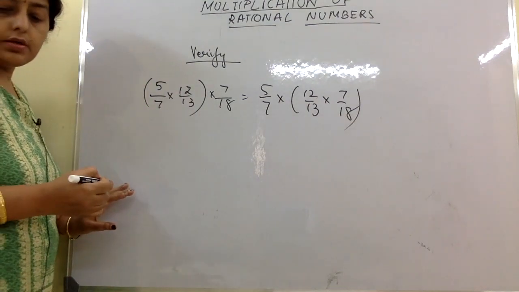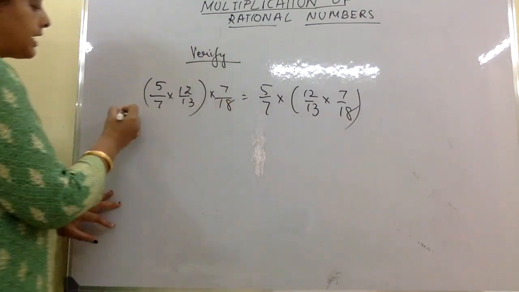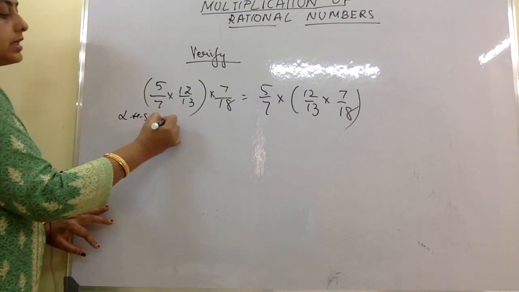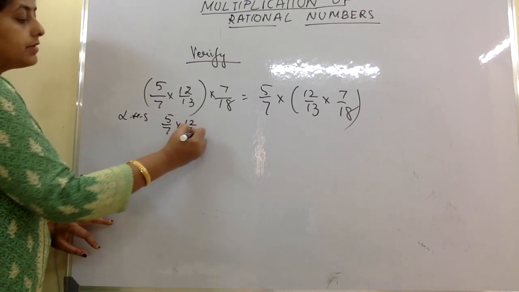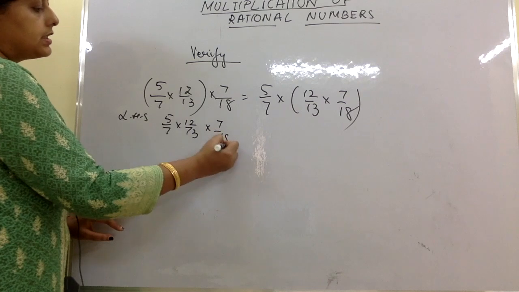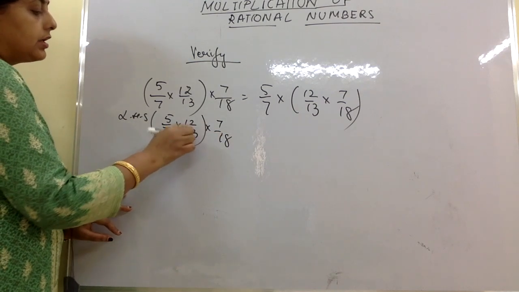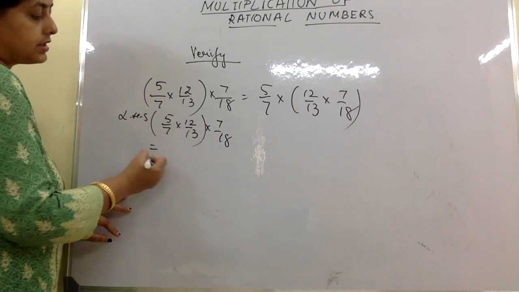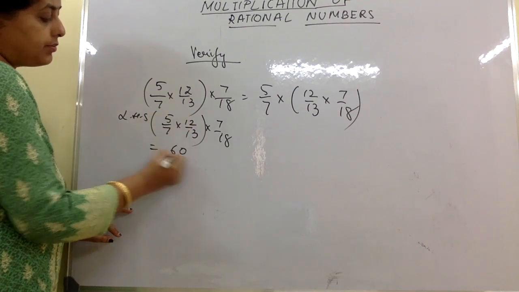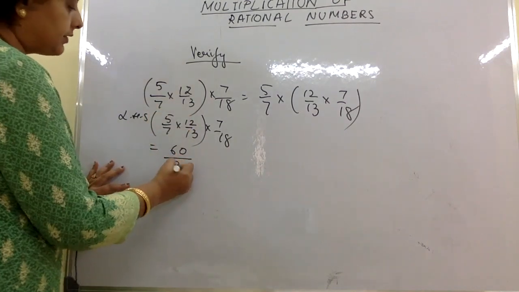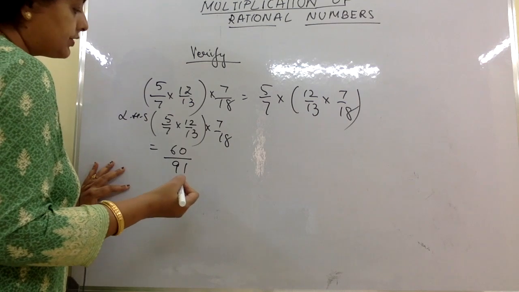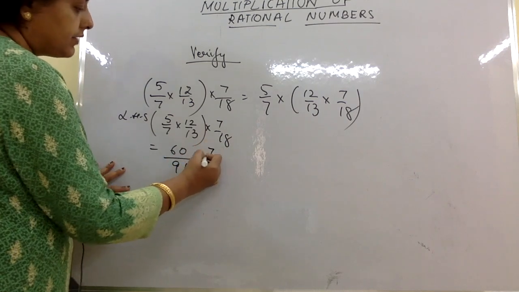So here we have to verify this. Back again, LHS is 5 by 7 into 12 by 13 into 7 by 18. Here we have the bracket, so we'll do this first. Nothing is cancelling, 60 by 91, into 7 by 18.